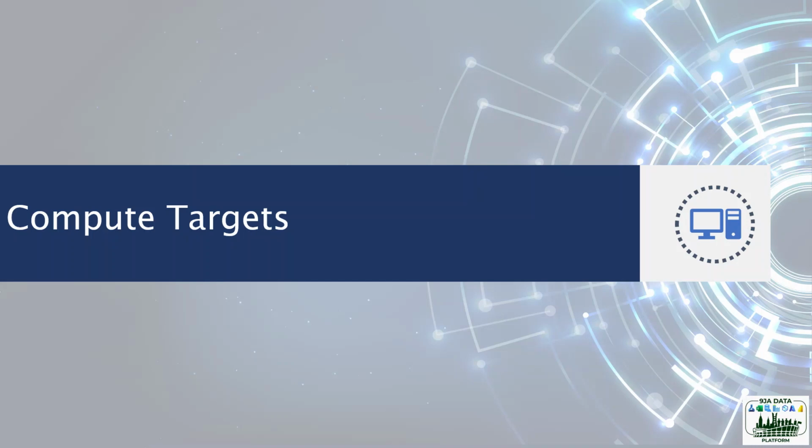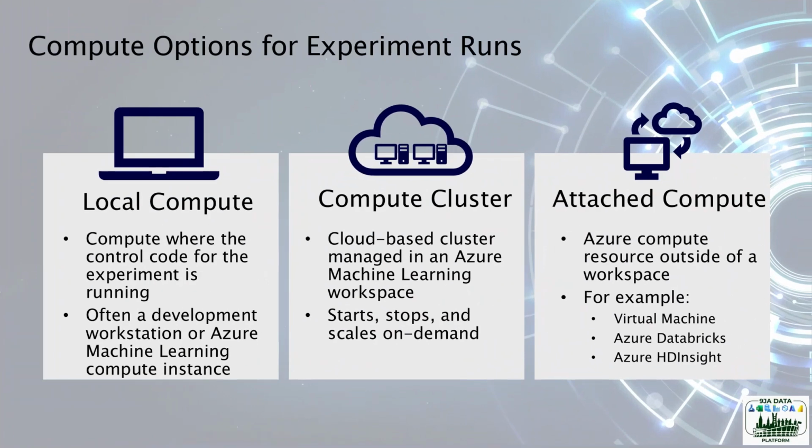It has either a CPU or a GPU, and it's simply within this compute context that we're able to specify our environment and run our experiments, right? So within Azure Machine Learning Studio, we have different types of compute context. We have the local compute, we have the compute clusters, and we have the attached compute, right?